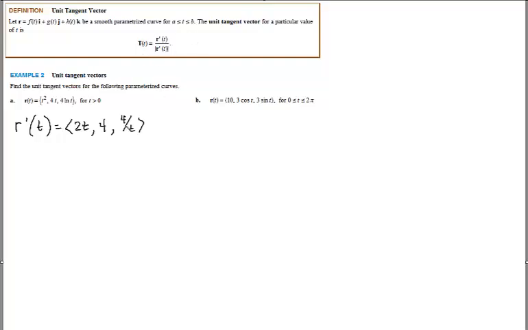I'll need the magnitude of that derivative vector. It's the same as before. I'm just going to have 2t quantity squared plus 4 squared plus 4 over t quantity squared, and then I'll just compute that.